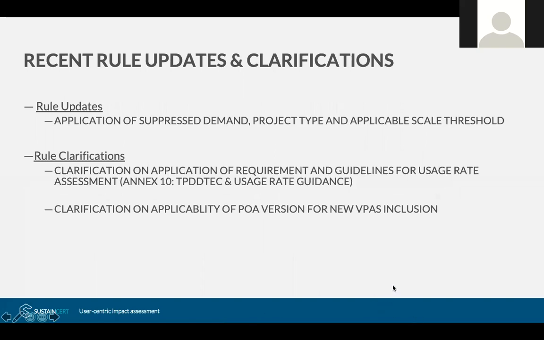Next up are some of the recent rule updates and clarifications that have been released by Gold Standard. So there are basically three that we will be discussing today. There is one rule update, which is on the application of suppressed demand project type and applicable scale threshold.